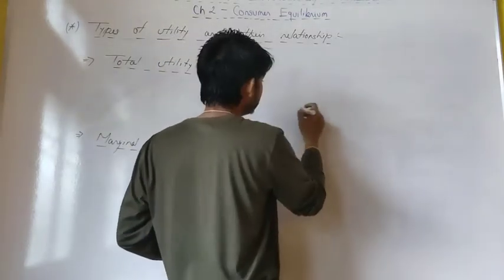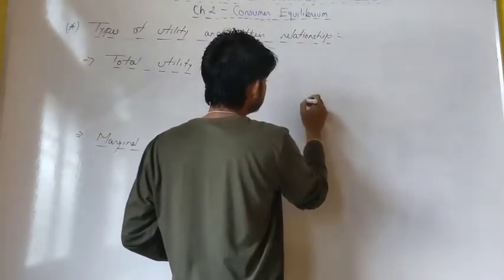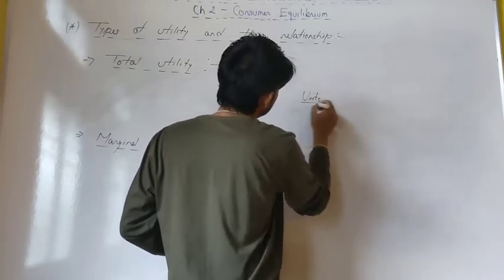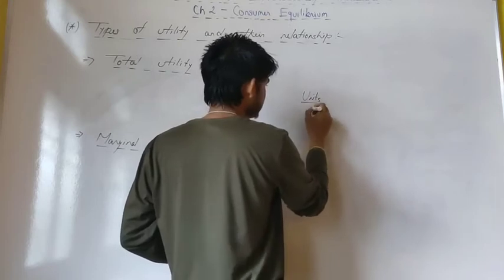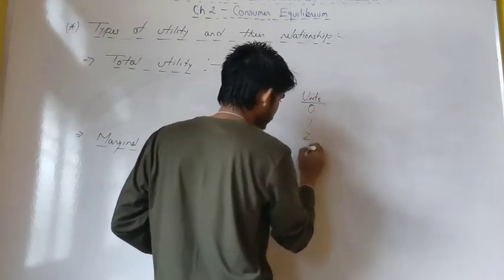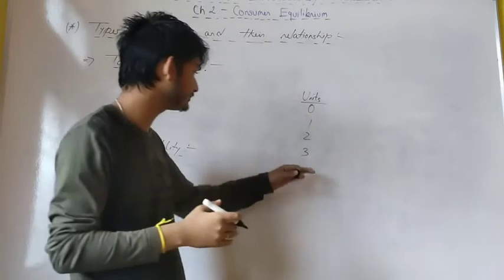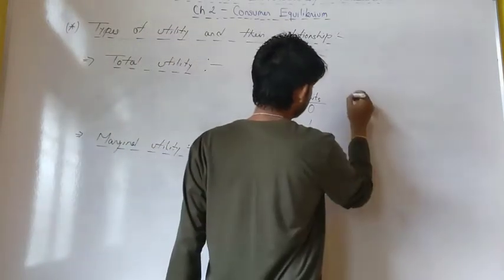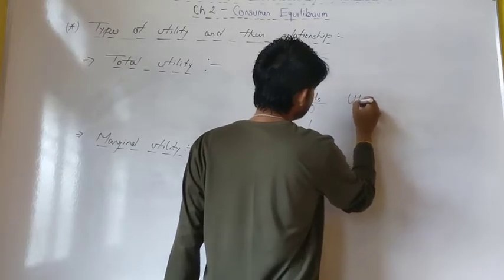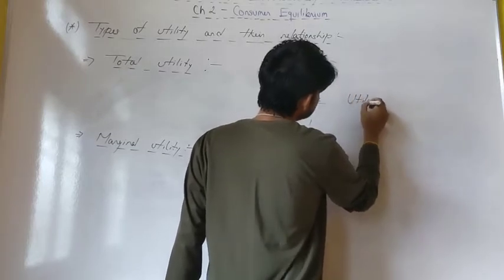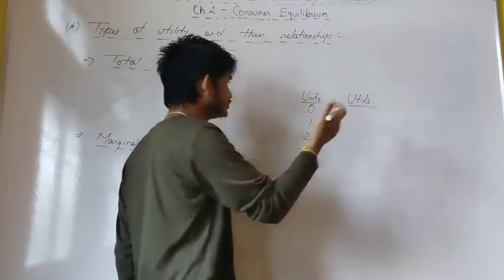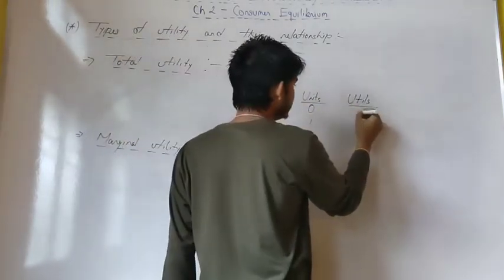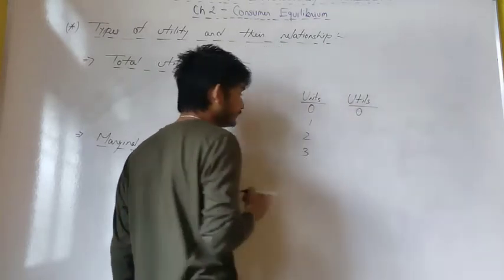Coming to total utility, suppose the consumer is consuming 0, 1, 2 and 3 units. Just for simplicity I am taking 3 units, and the utility he is getting is measured in utils. When he is consuming 0 units, obviously his utils will be 0.